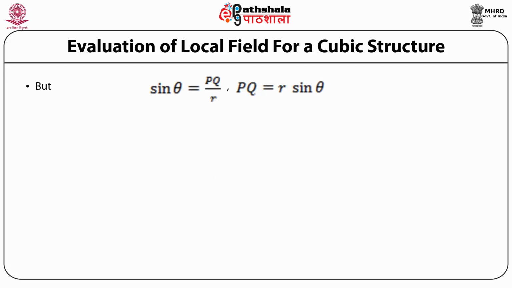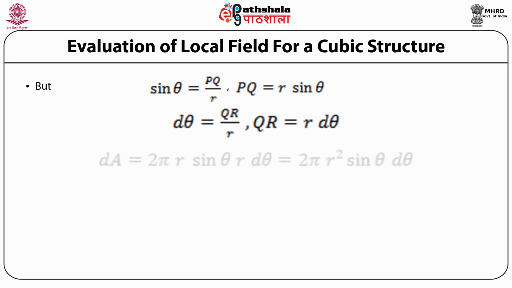But sin θ = PQ/r, so PQ = r sin θ, and dθ becomes QR/r. So QR = r dθ. Hence dA = 2π r sin θ r dθ = 2π r² sin θ dθ.